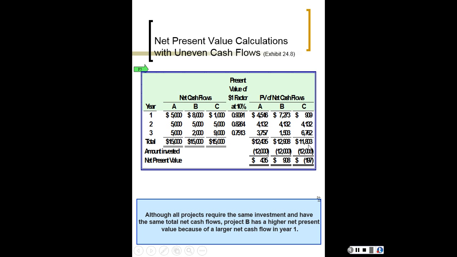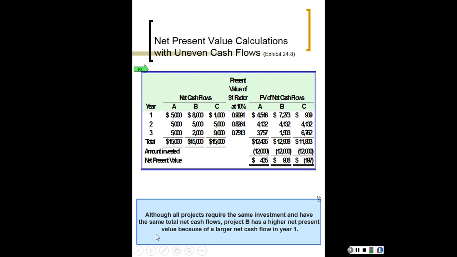And since B and C are so different, A would fall somewhere in between, and it does. Look at the numbers. For B, that's the best project, 12,908. 12,435 for Project A falls right in the middle, and the lowest is 11,803. And so that kind of meets your expectations of what you think would have happened.